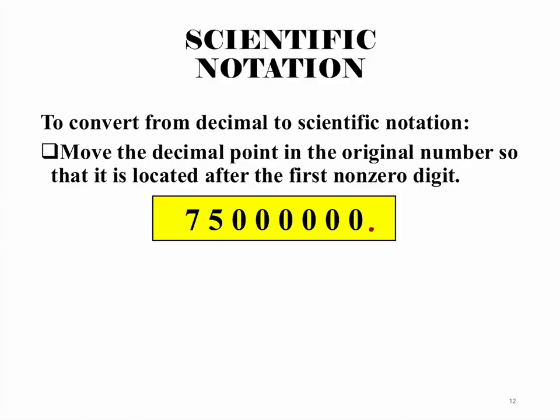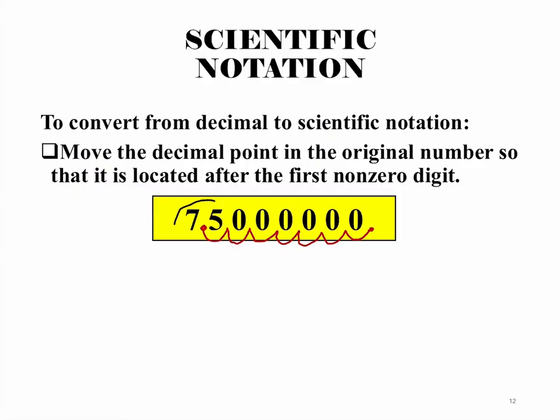Well, here is the original decimal place. Right? We're going to move that decimal place so that it is a number between 1 and 10. So we move this decimal place 1, 2, 3, 4, 5, 6, 7 spots over, right? So we've turned this large number now into one that's between 1 and 10.